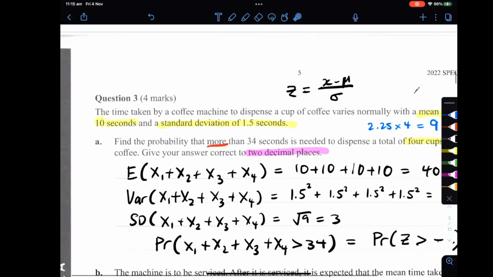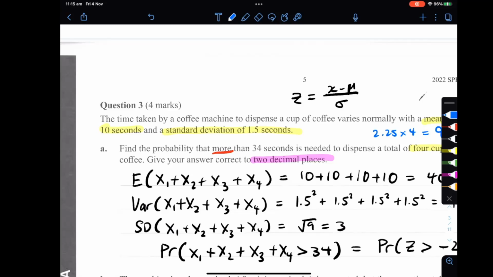If you remember, 1 standard deviation, the value is 66%. 2 standard deviations is 95%. And then 3 standard deviations is 99%. No, I think 1 standard deviation is 68%. And the one we want is obviously the 2 standard deviations, because that's what it represents.